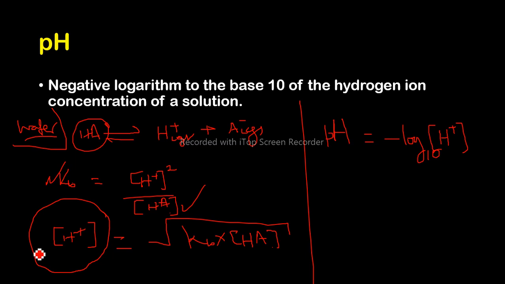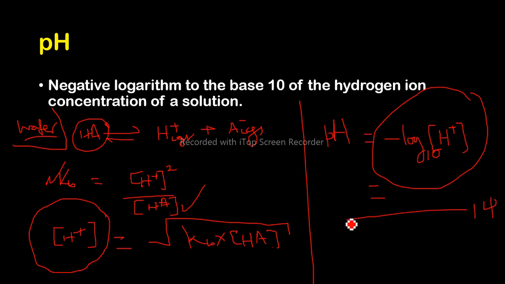So if you know the concentration, you substitute it, go to your calculator and get the negative log of the concentration of hydrogen ions that you have gotten, and you get the pH. The pH will usually range from 14 downwards, and it can even be negative. You can have a negative pH.